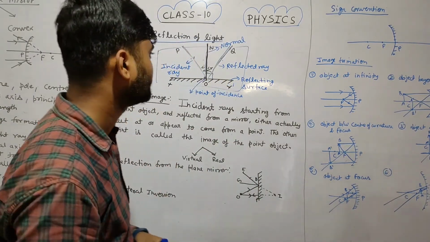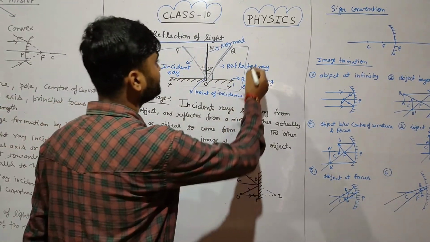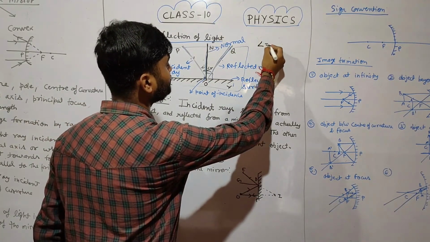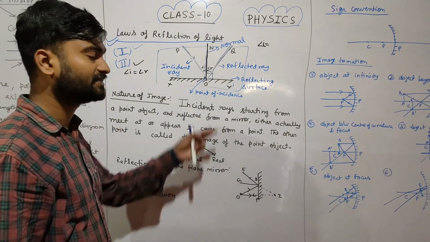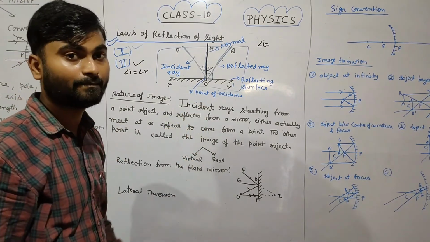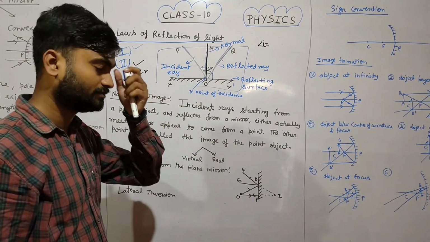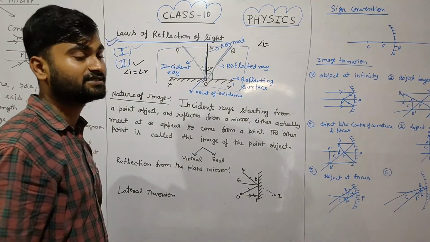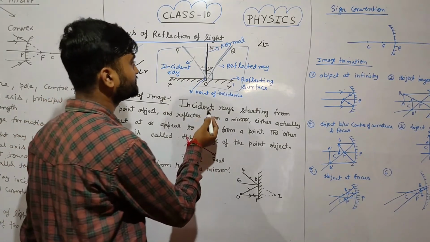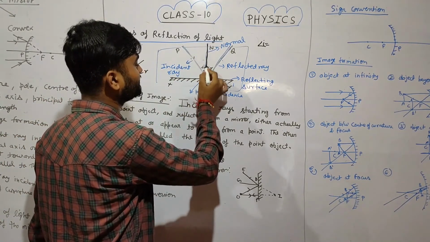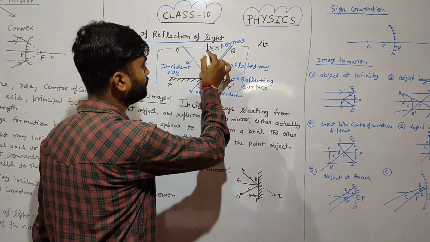Now what happens when the incident ray strikes the reflecting surface along the normal, or perpendicularly? It means the incident ray is along ON.